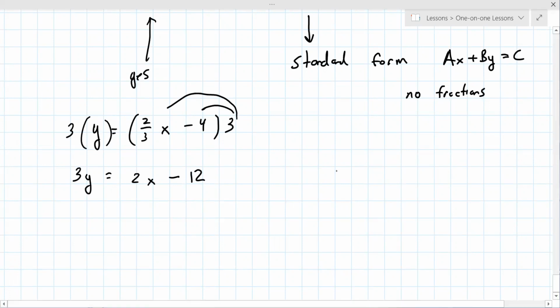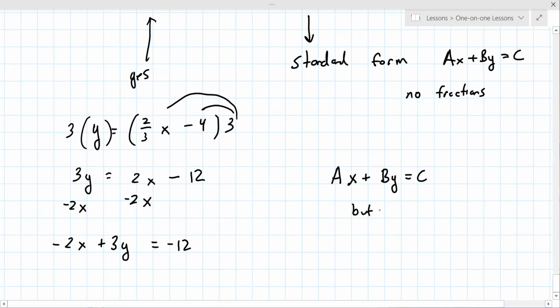So we're trying to get into this form, ax plus by equals c. The most common thing to do is to move the 2x over to the left, and you think, oh, I'm done. Negative 2x plus 3y equals negative 12. But a has to be positive. A is negative.